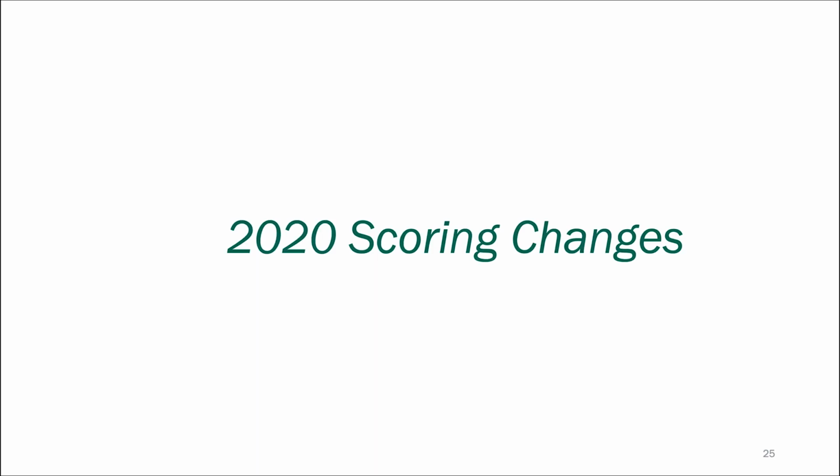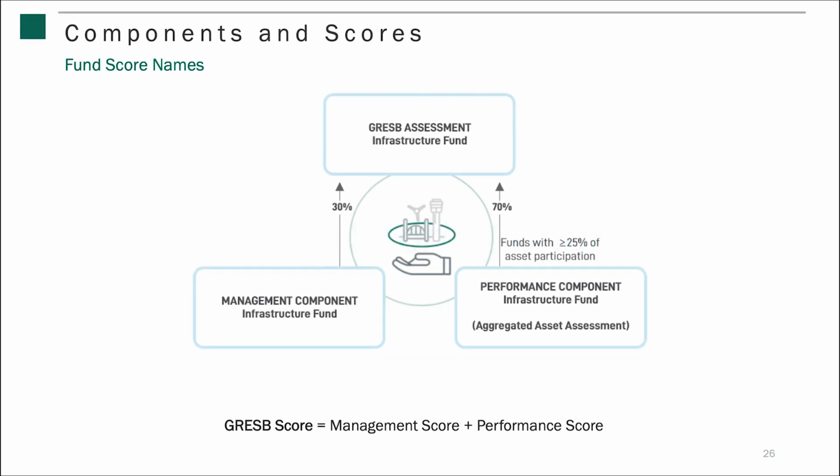We'll now take a look at the scoring changes in 2020. The GRESB score for the Infrastructure Fund assessment comprises the scores for the 2 components. 30% of the GRESB assessment Infrastructure Fund score is determined by the results of the Management Component Infrastructure Fund.